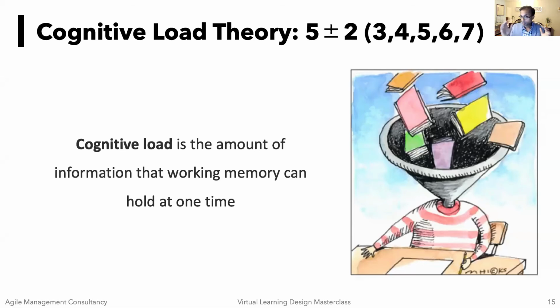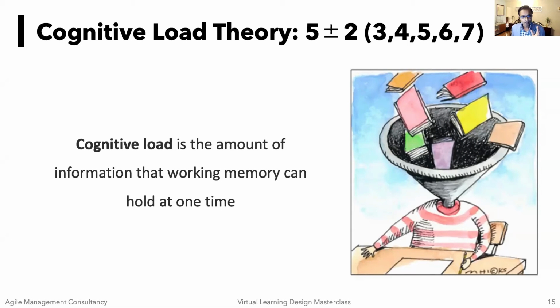Even though you could go as much as 7, design the structure of your lesson so that you allow 3 topics at most in one stretch. Not 7, because they already come with that cognitive load, right? Not too much.